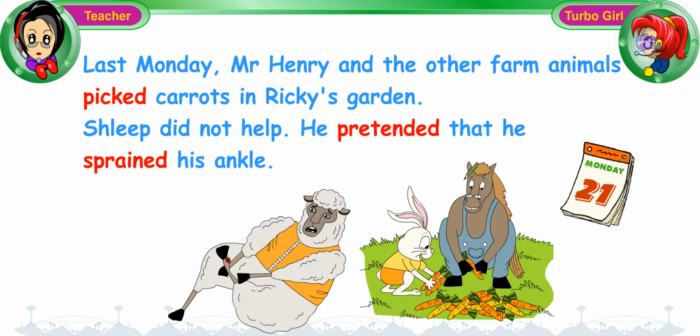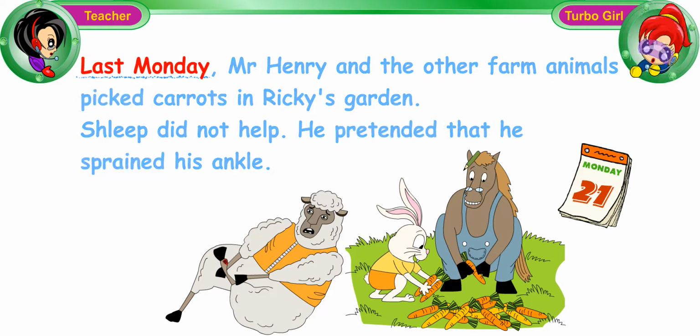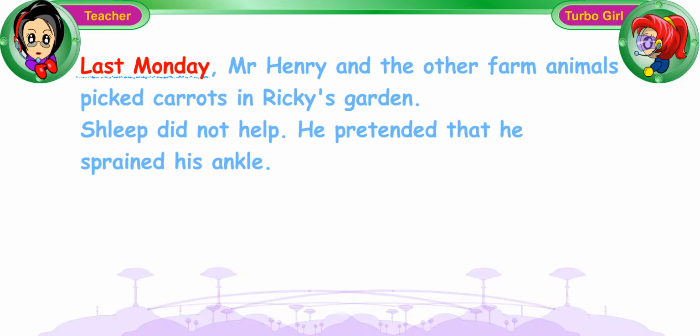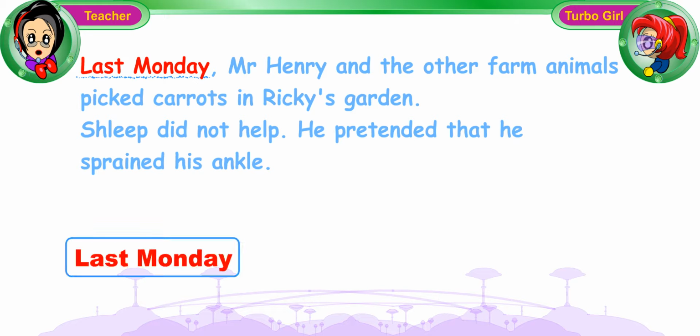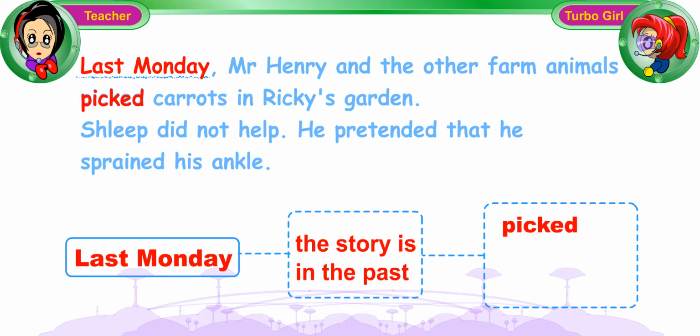Turbo Girl, can you tell me whether the story is referring to actions in the present or the past? It's referring to actions that happened in the past because the story started with last Monday. Very good. Last Monday shows us that the story is in the past. That's why the verbs in the story, picked, pretended, and sprained, are in the simple past form.